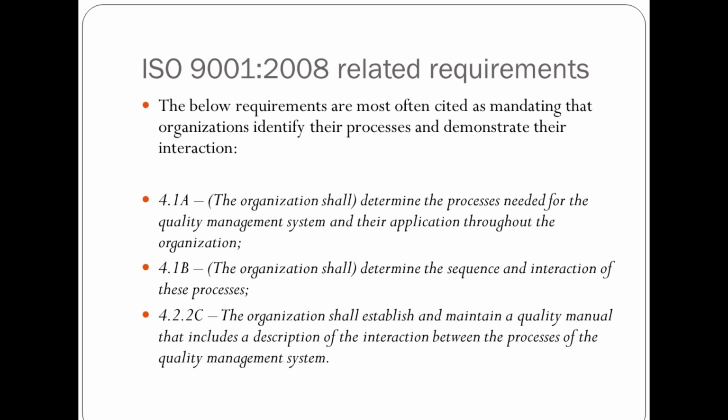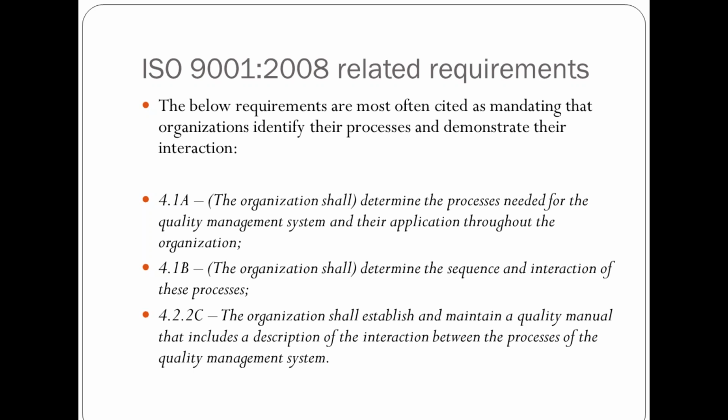Let's take a look at where the requirements for processes are spelled out. We'll start with ISO 9001-2008. There are three primary clauses at play. In 4.1a, it states that the organization shall determine the processes that are needed for the quality management system and their application throughout the organization.